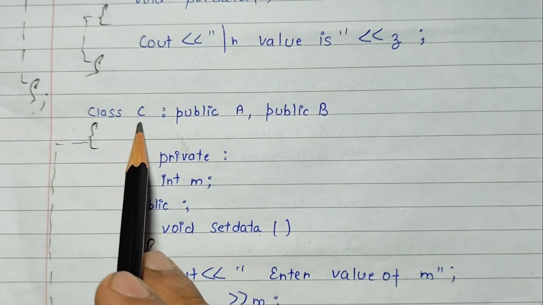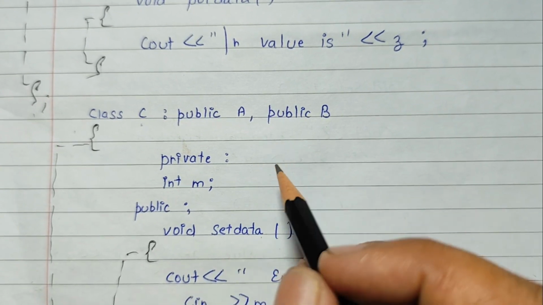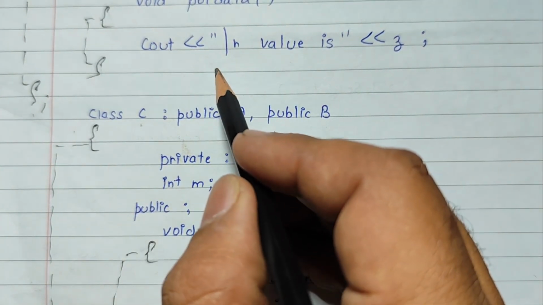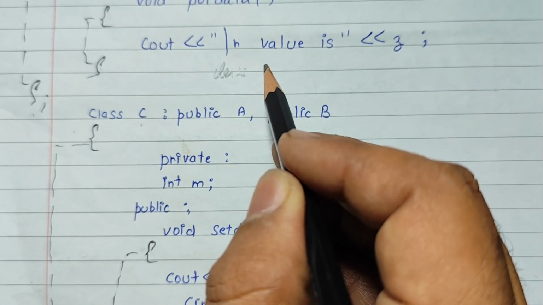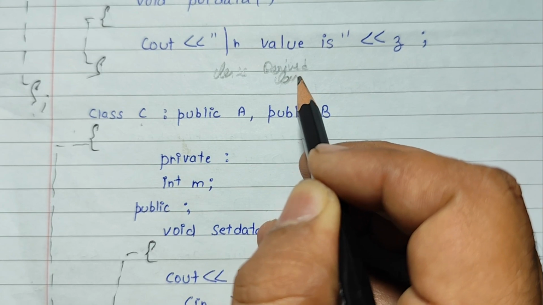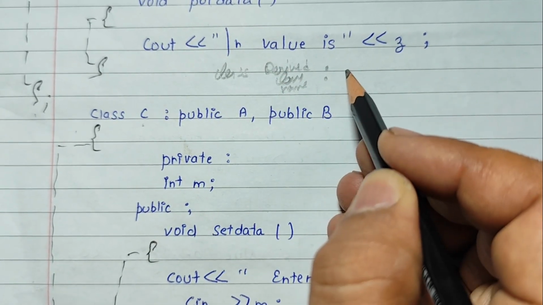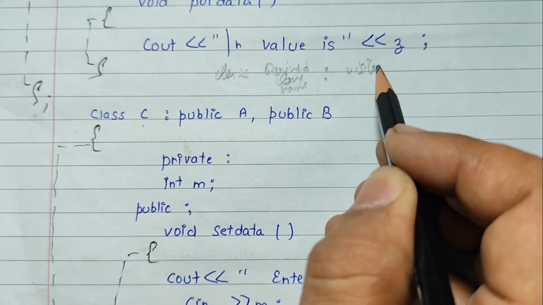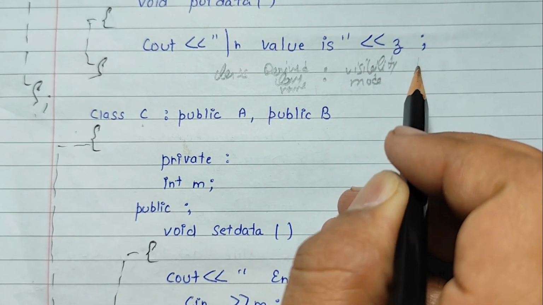Now I create a derived class C. I hope all of you know the syntax. The syntax is: class is a keyword, then space, then the derived class name. Here the derived class name is capital C. So we write capital C, then colon, then visibility mode, and then the base class name.